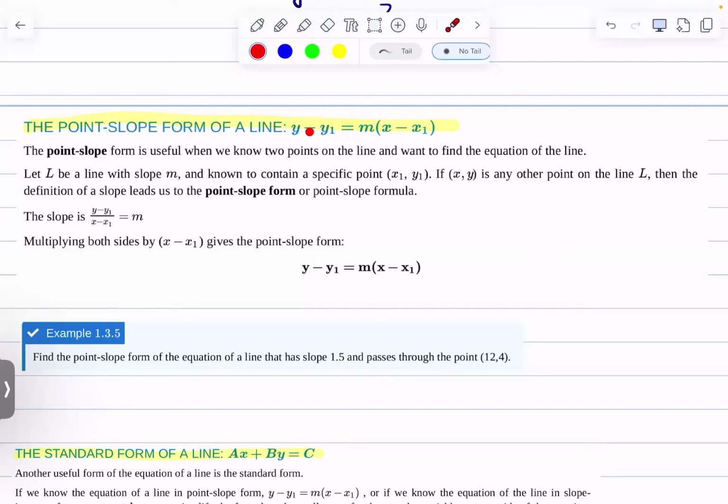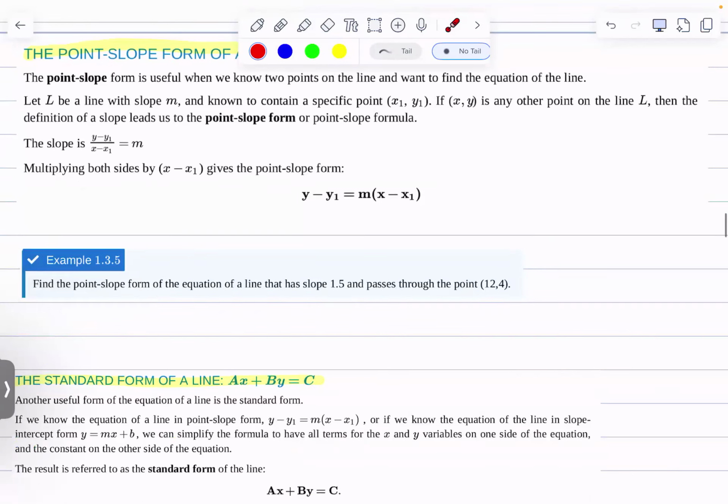And then we've got this x and y just open for any value of x and y on the line.